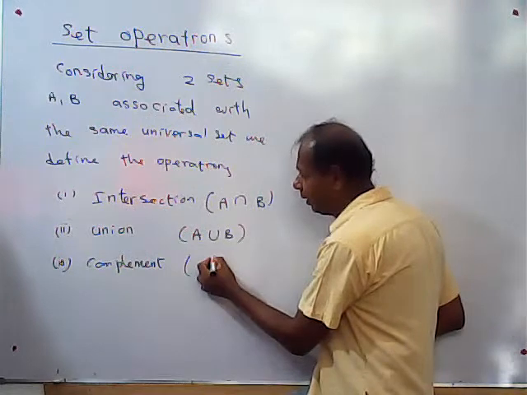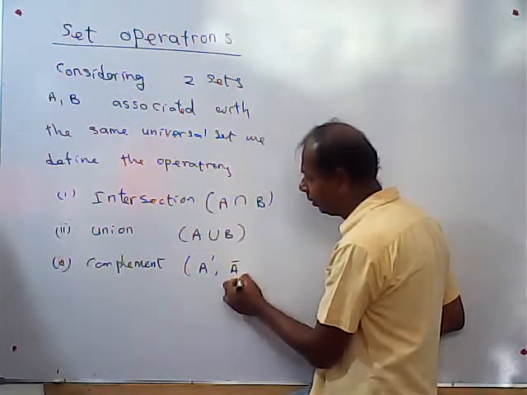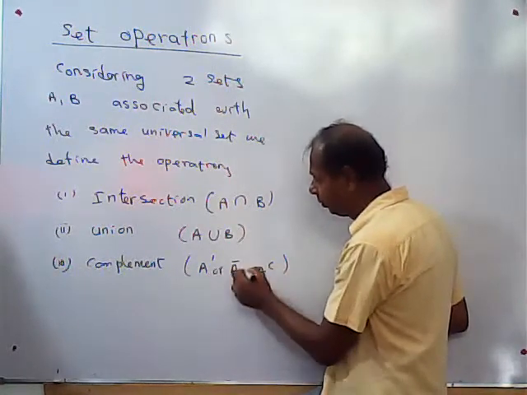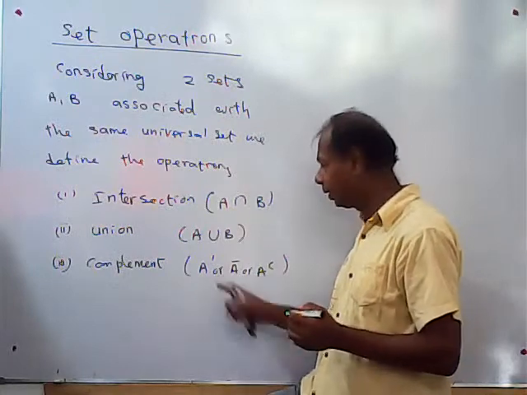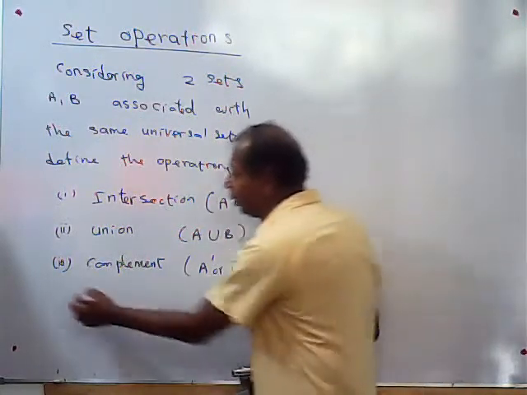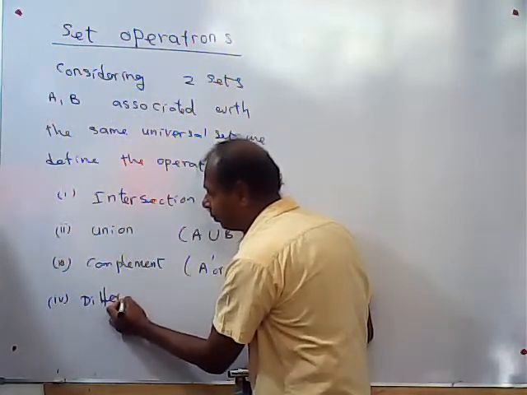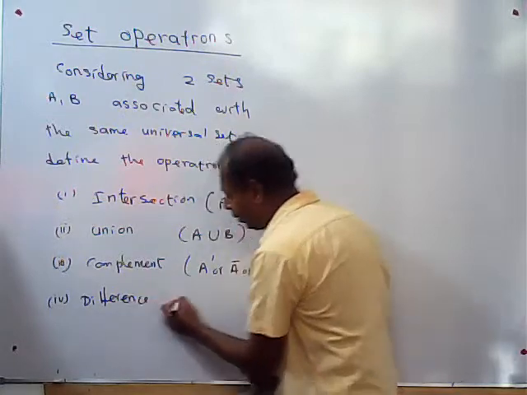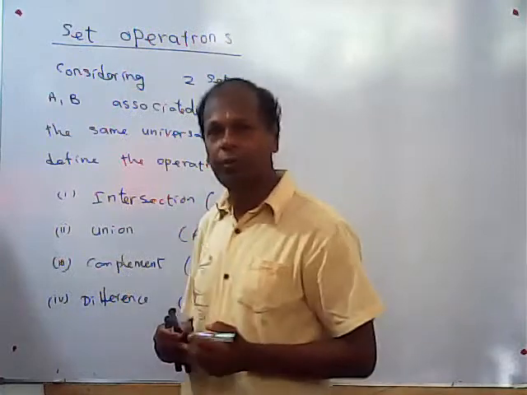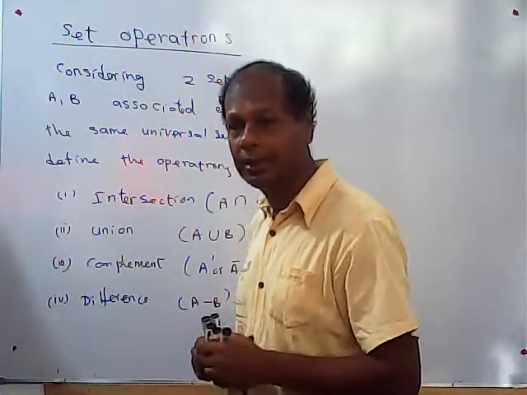Sometimes you write A dash, A bar, A C, right? After A dash, there are other notations also. Then number 4, difference between two sets, A minus B. So we are going to define these 4 operations on the sets A and B.